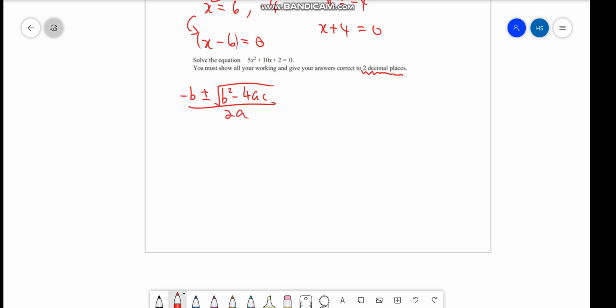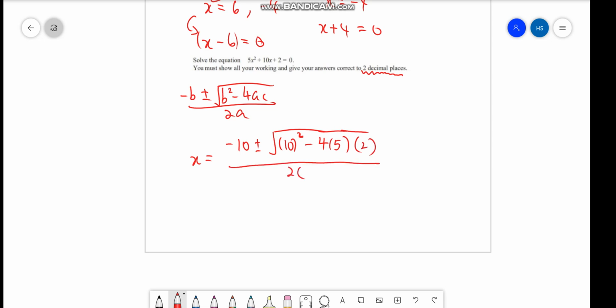So for example, x equals to, here my b is 10, so I get -10 plus minus square root of b squared minus 4, the a is 5, then the c is 2, over 2a, so 5 here.